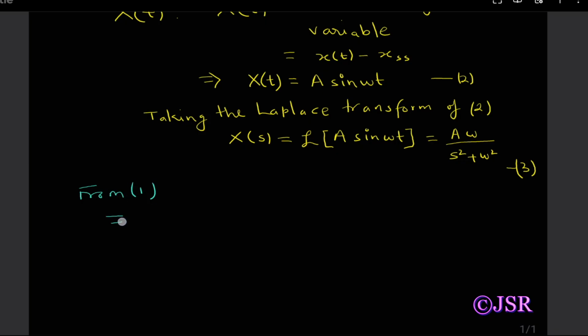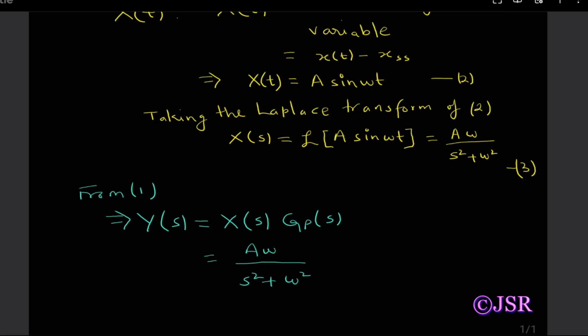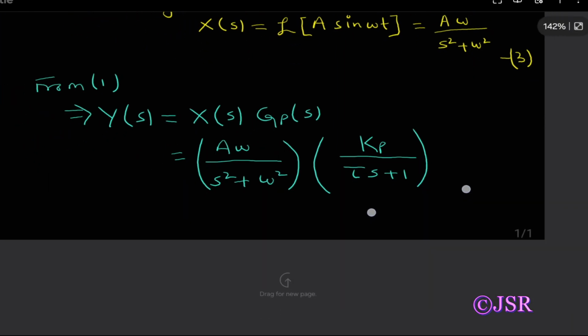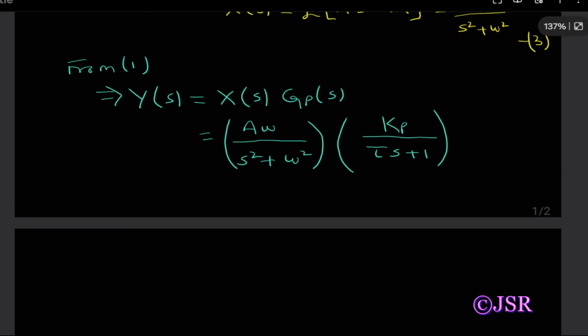So from equation number 1, we can write y of s equal to x of s times Gp of s, and this will be a omega upon s square plus omega square, and then we have Kp upon tau s plus 1.